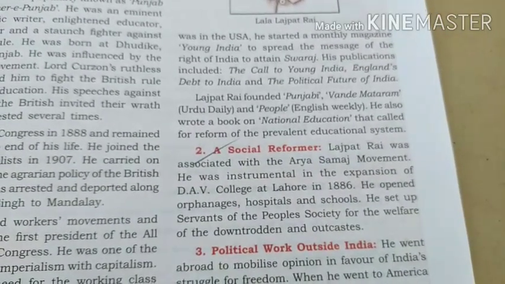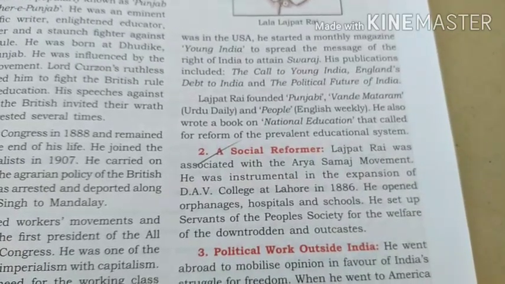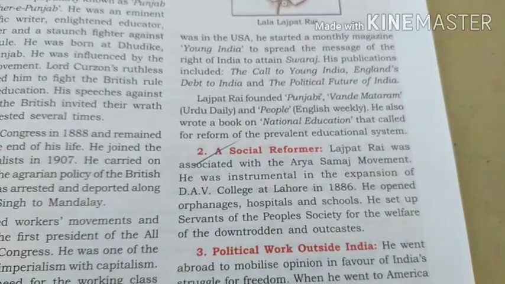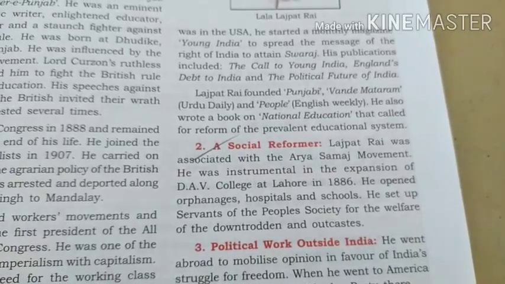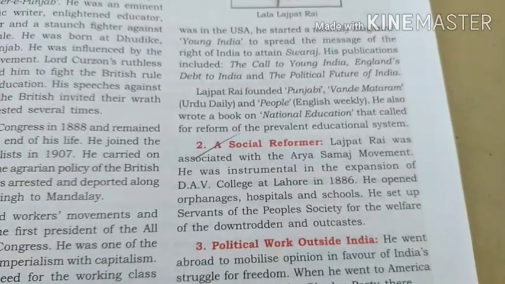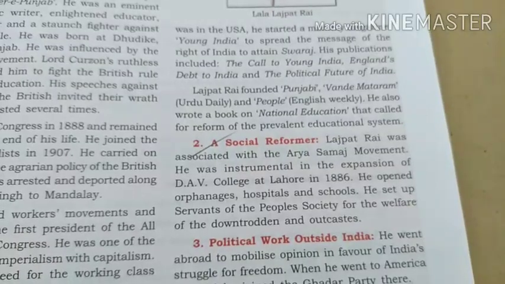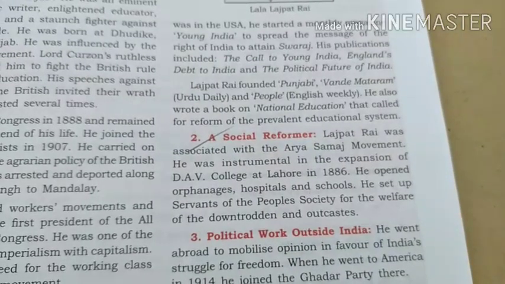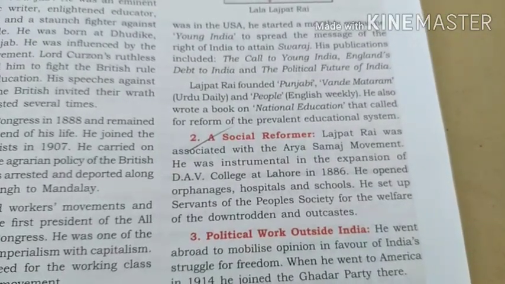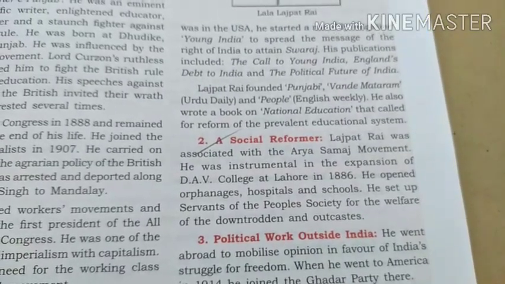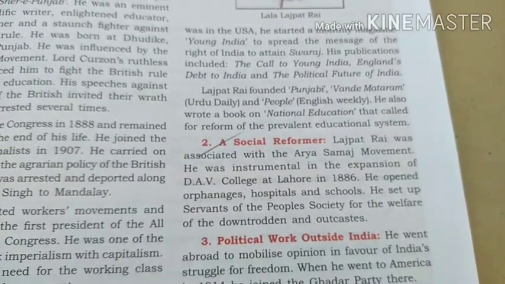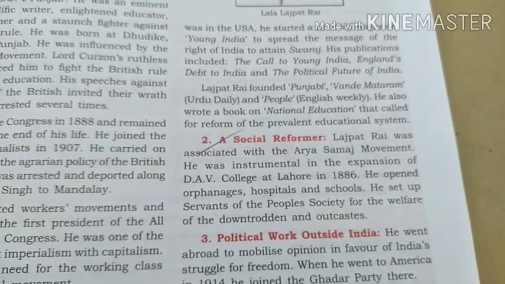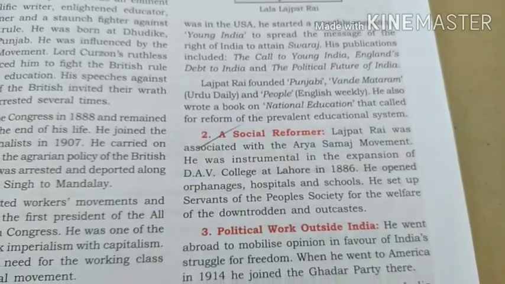He was the main instrument to expand DAV College at Lahore in 1886. He opened orphanages, hospitals and schools. He set up the Servants of People's Society for the welfare of the downtrodden and outcast. Downtrodden means the lower caste, or the suffering classes.